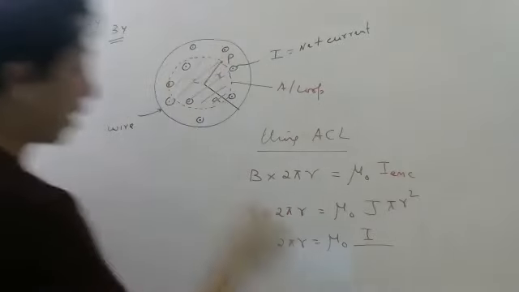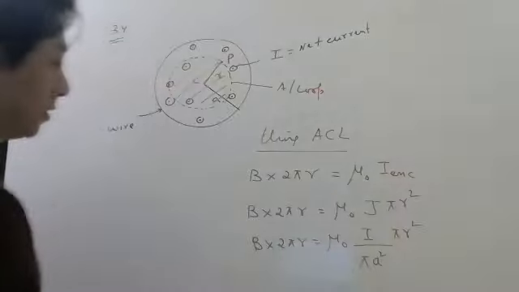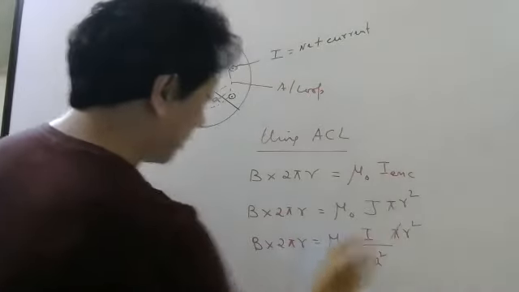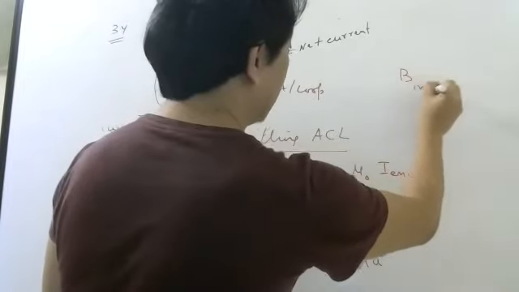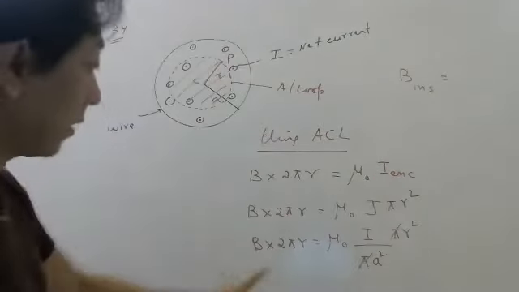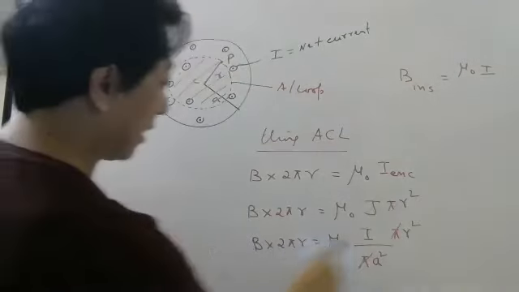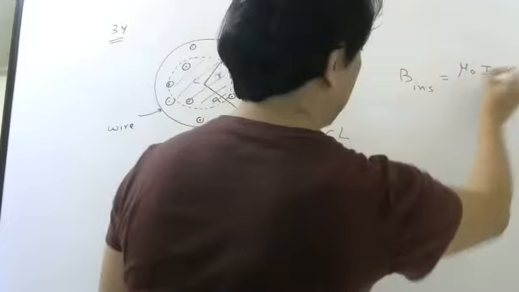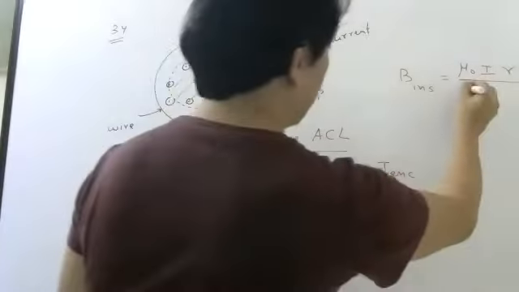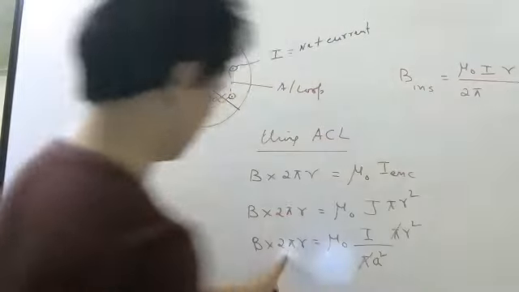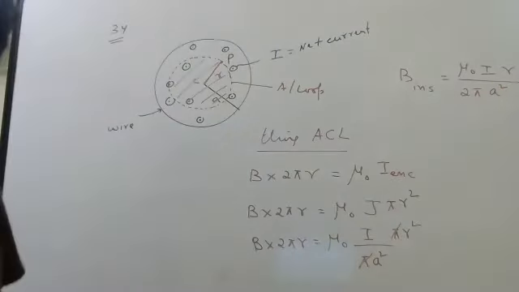Total area of the wire is pi a squared, times pi r squared. So pi cancels, and cross multiplying, your magnetic field inside will be mu naught I, one r and one r squared cancel, divided by 2 pi a squared. So this is the magnetic field inside.